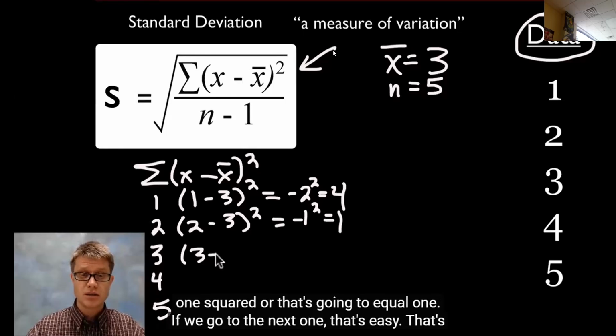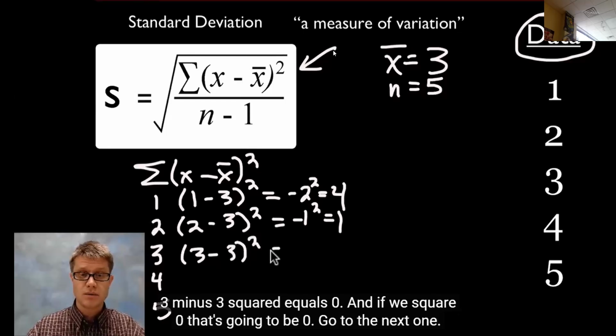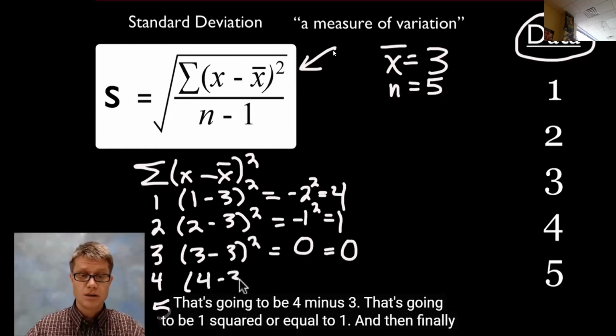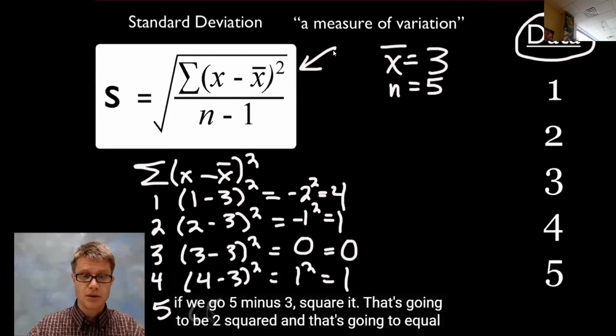The next one is easy: 3 minus 3 is 0, and 0 squared is 0. Next is 4 minus 3, which is 1 squared, equal to 1. And then finally, 5 minus 3 is 2, and 2 squared equals 4.